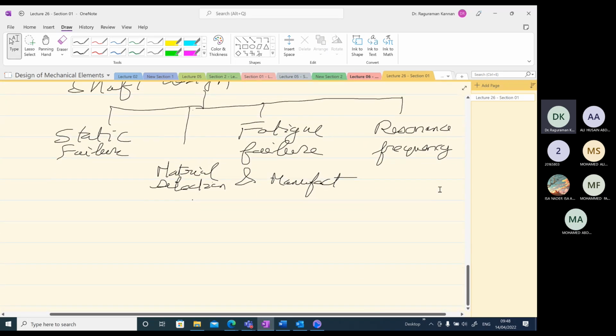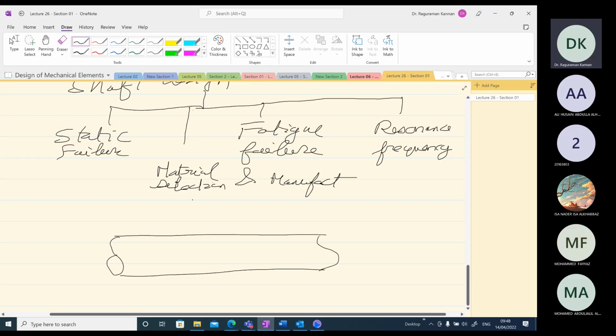It's pretty obvious when we draw the diagram. Usually we will have a gear, assume this is a gear, and then we have some kind of bearing support over here, simply supported, and the gear causes some weight at this point, which is always acting downward.